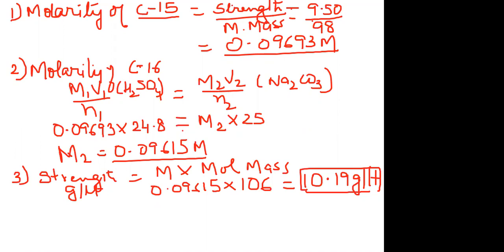So we are now ready to find out the percentage purity of the sample. How will we go with the fourth question, where we have to find out the percentage purity?